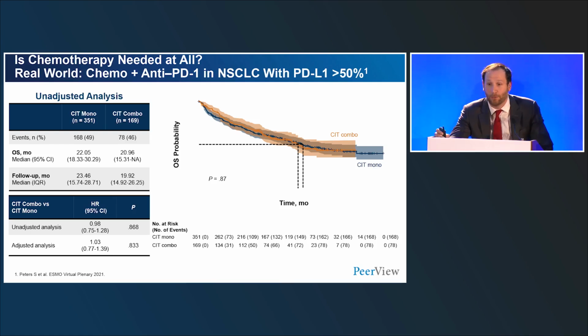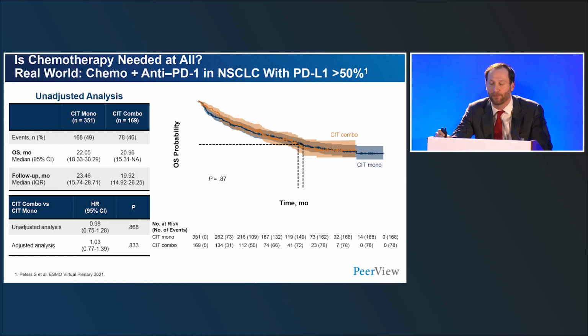But as Dr. Brahmer brought up earlier, is chemotherapy really needed at all in patients who have PD-L1 expression greater than 50%? That question I don't think has fully been answered when it comes to squamous or non-squamous lung cancer. There have been some real-world data sets that show that while chemo and PD-1 blockade may improve response rates and progression-free survival in PD-L1 greater than 50% lung cancer, it's unclear if it actually improves overall survival.